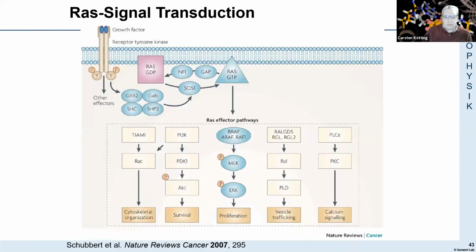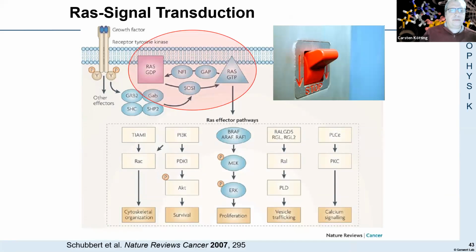Now I come to the proteins, the GTPases. The protein we look at most is the RAS protein. The RAS protein is a central molecular switch in the signal transduction of the growth signal in the cell.